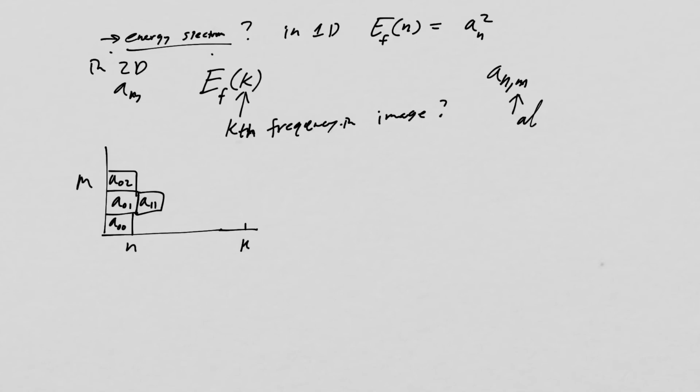And then of course you'd have a K out there somewhere, and you'd have an A_K1, an A_K2, and so on.